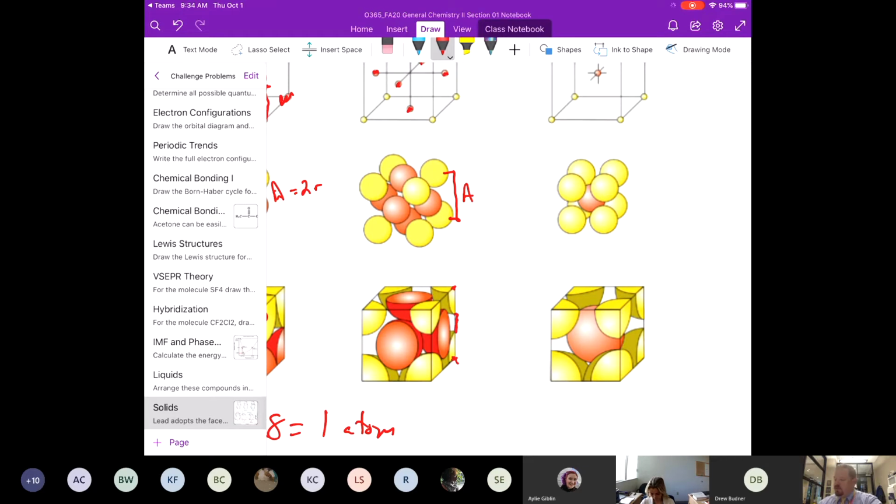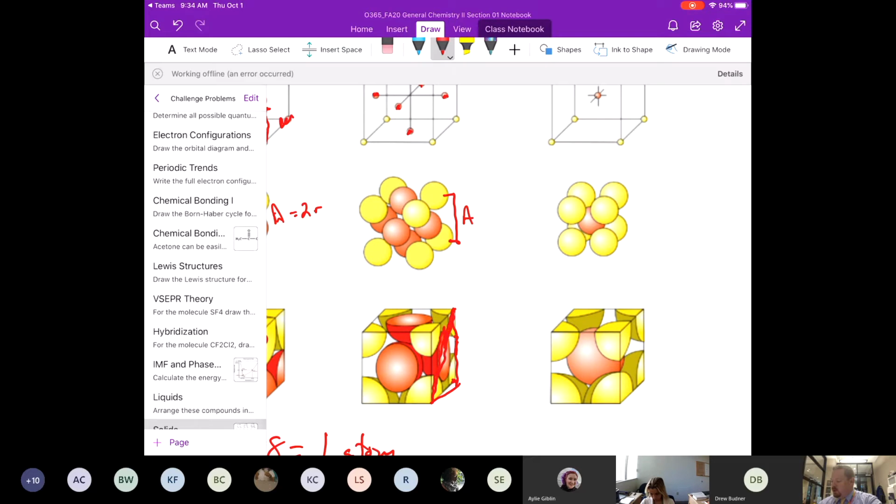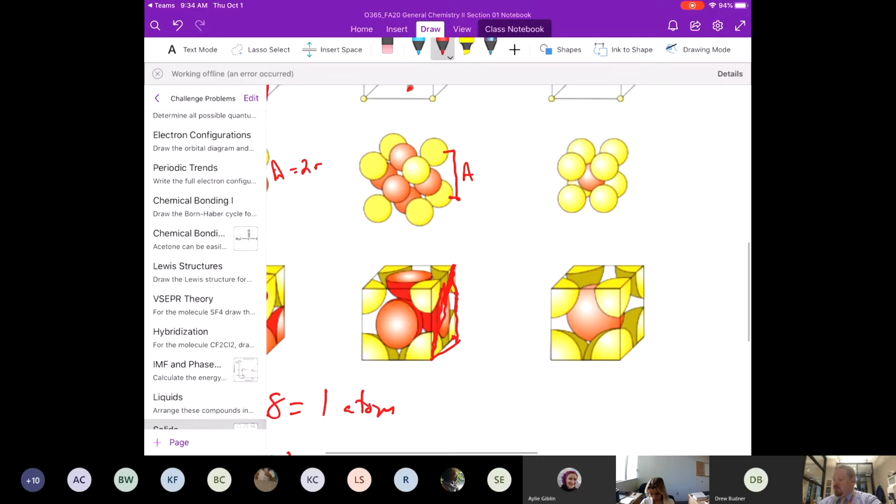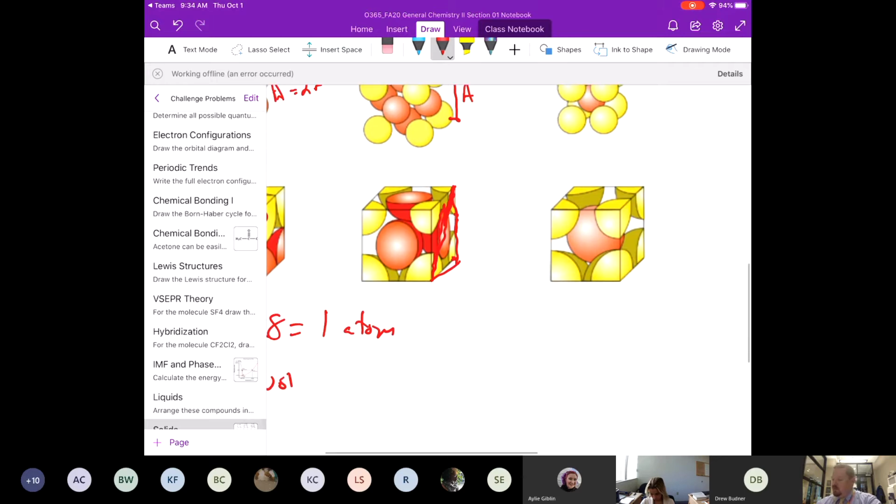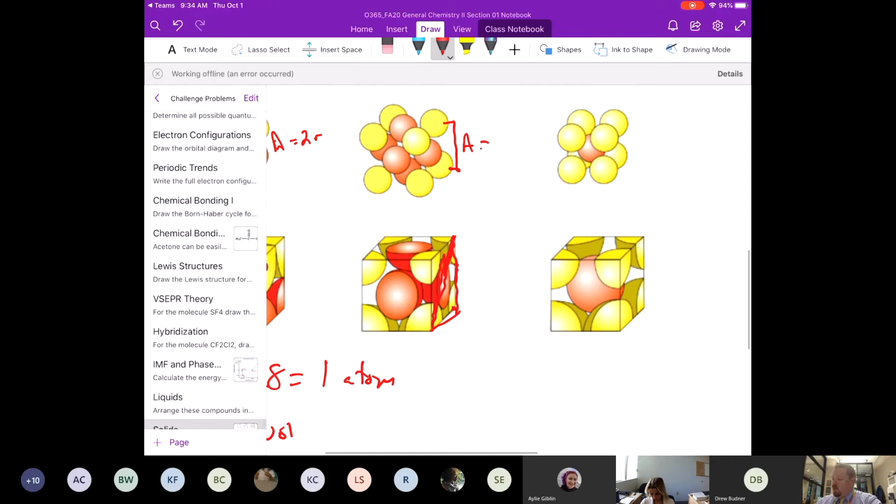So we have to then use geometry to draw this right triangle, right? And the hypotenuse of our triangle goes through now 4R. So because of the beauty of math, our A is going to be equal to the square root of 8R.